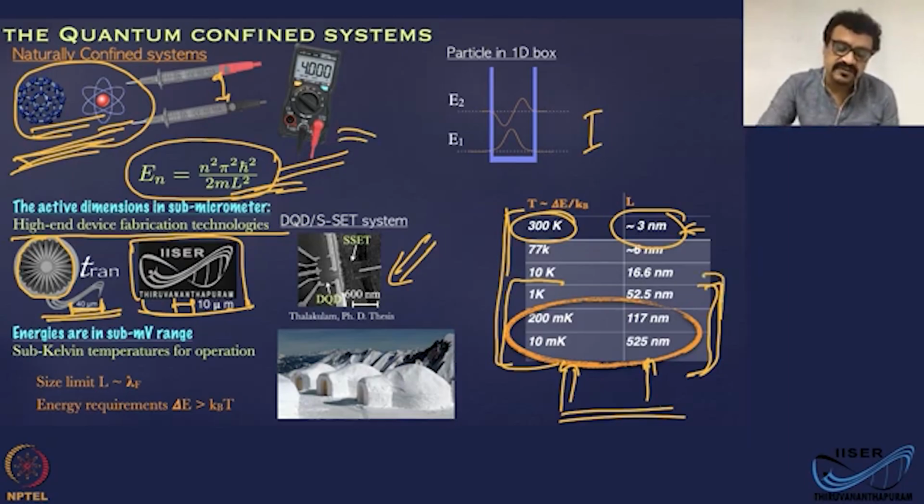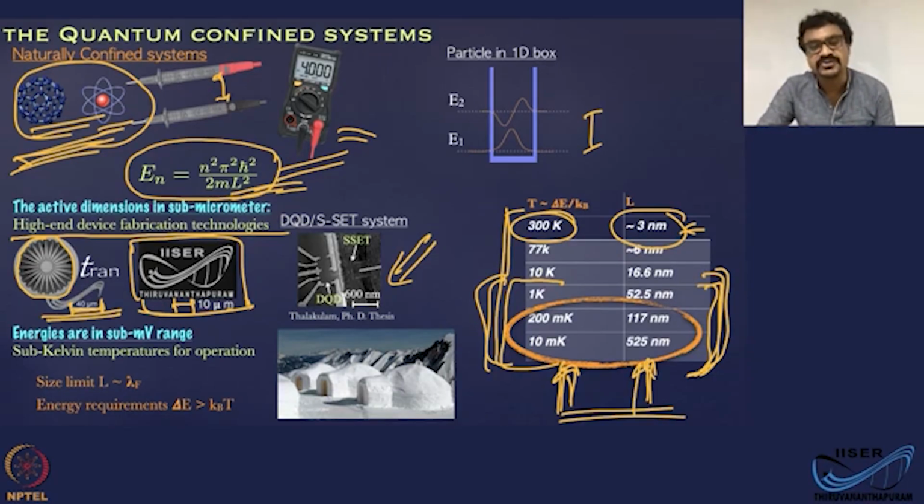You want to be somewhere in this range to see the effect of quantum confinement. What that means is you need to be in this temperature range. That naturally tells you, one, you need low temperature. That means you need cryogenics. And second thing, it tells you you need fabrication tools which allow you to reach dimensions of hundreds of nanometers down to tens of nanometers. Okay.